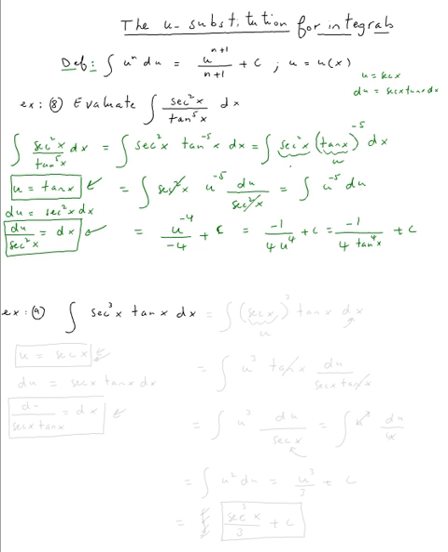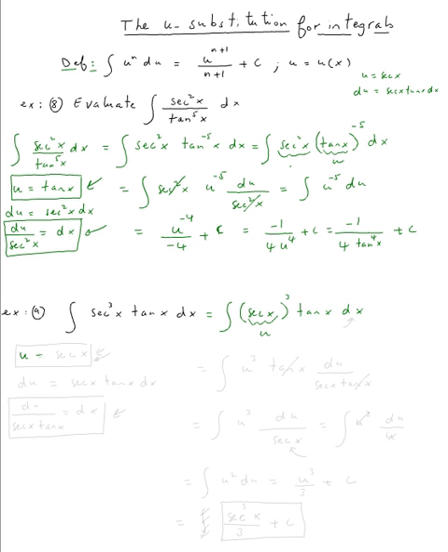Now for example 9, we're trying to do the integral of secant x cubed tangent x. If we rewrite this, secant x cubed means secant x, everything to the third, times tangent x dx. This is simple because we have only one option. Whatever is between parentheses has to be equal to u.